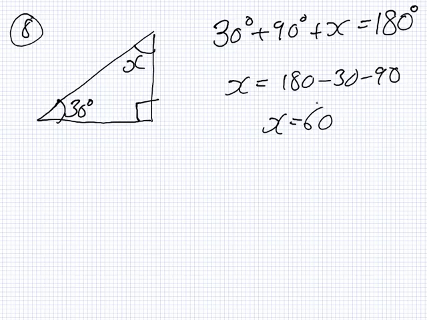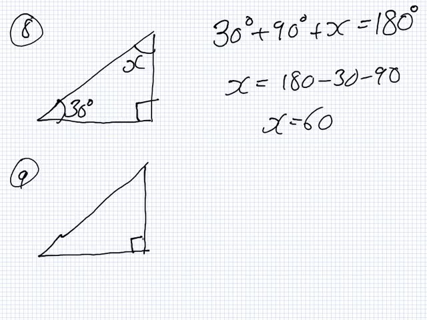I'm missing two sides, and for Pythagoras to work, I need to only be missing one side. There is a way we can use the fact that we know the angles to help us. We can use something you've done before called sine, cos, and tan. So let's have a look at that.